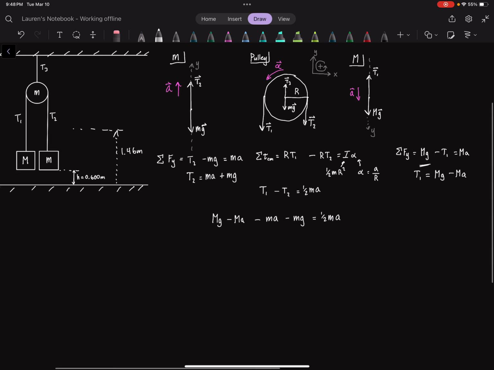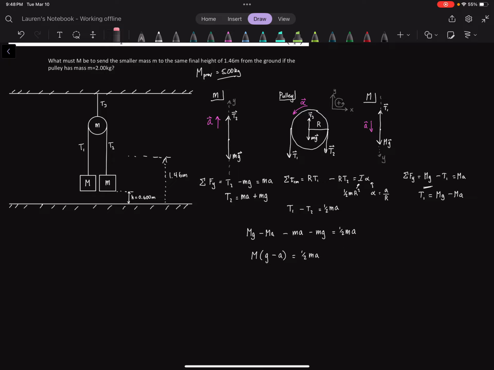So now we want to get big M on one side and everything else on the other. So big M (g minus a) equals, let's see, 1/2 ma plus ma. Oh boy, so that's going to be 3/2 ma.